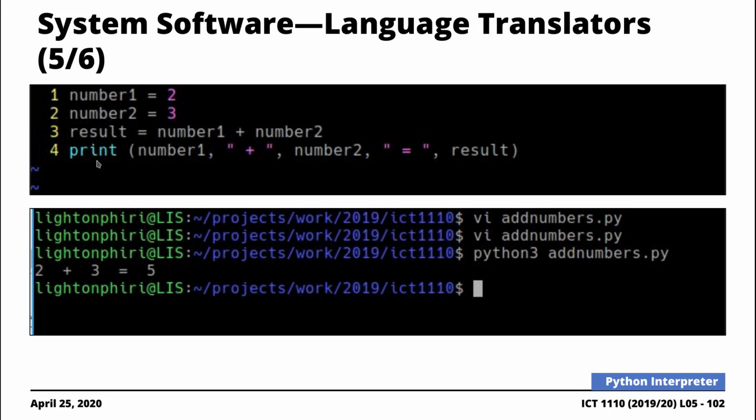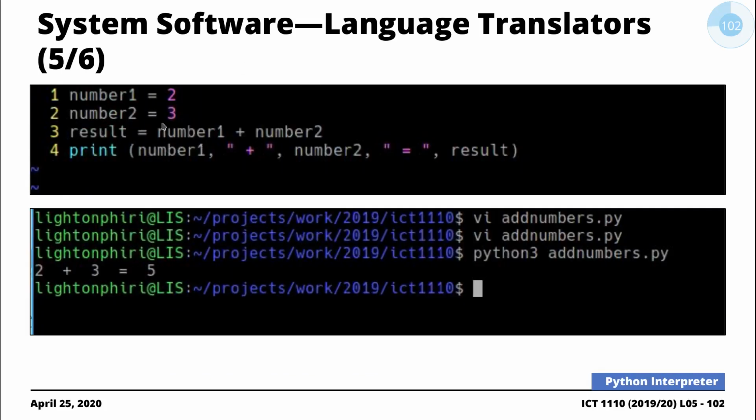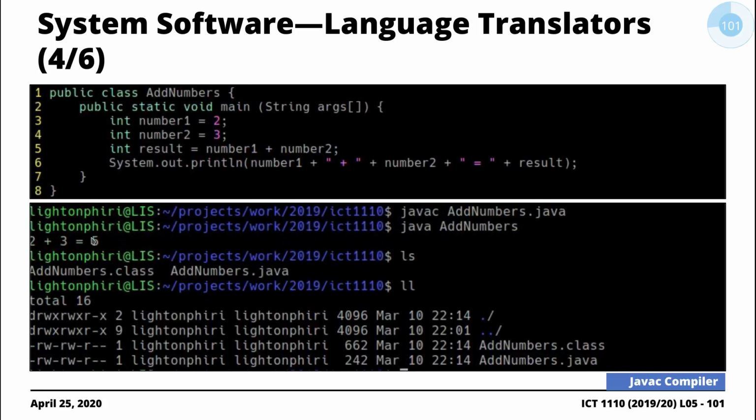The top part of the screen here has a very simple example of Python code, which does the same exact thing as this Java program: it adds 2 and 3, then gives you the output. You notice here that for us to get the result we want, all we have to do is use the Python interpreter to execute this program one statement at a time. And then we get the same result as we got from our Java program.